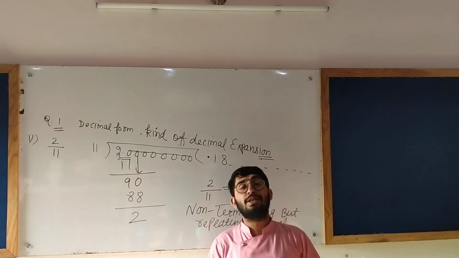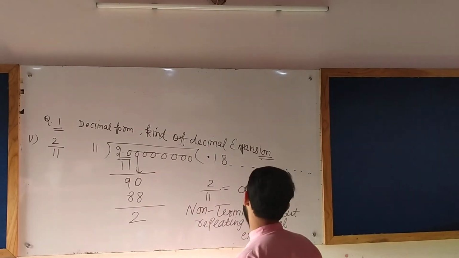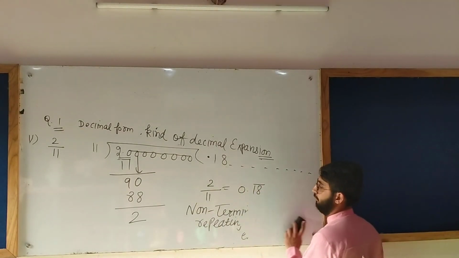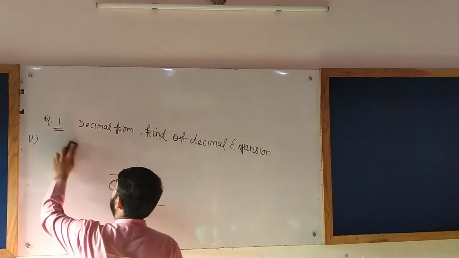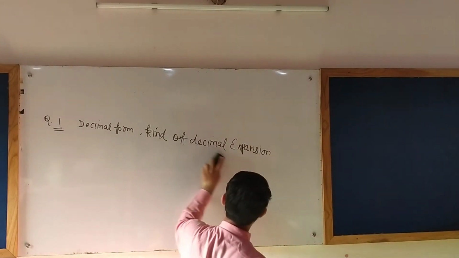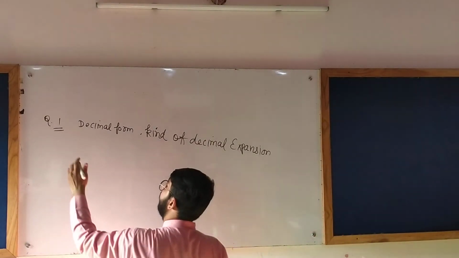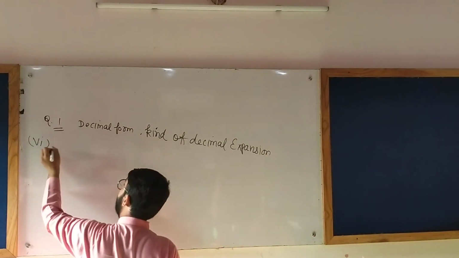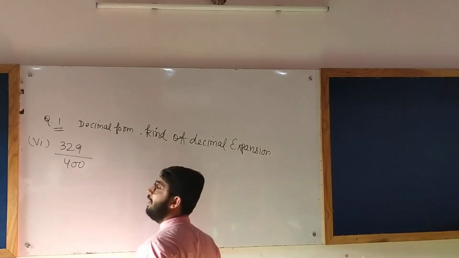Now we are proceeding towards the last part of the question, that is the sixth part. Let us understand the sixth part, kids. 329 by 400.